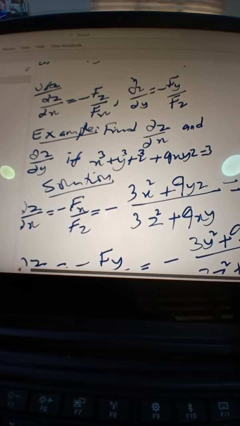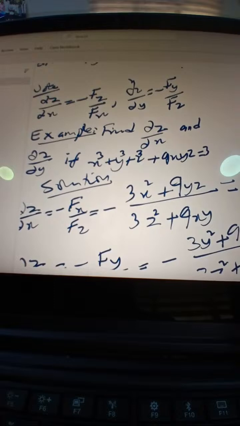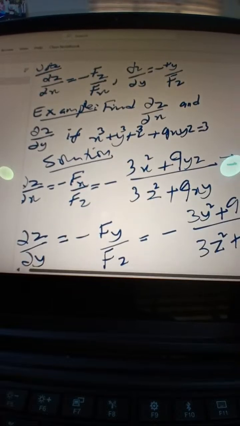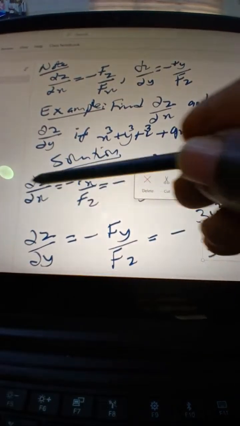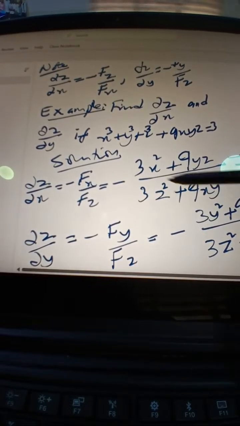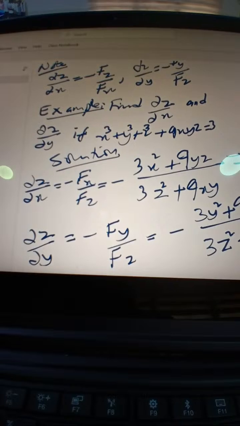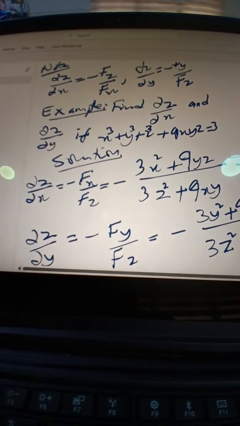Example: find del z del x and del z del y if x cubed plus y cubed plus z cubed plus 9xyz equals 3. We go through the same motions in trying to answer this. Our del z del x gives us this. Then we take our time and do the partial differentiation. For partial differentiation with respect to x, we get 3x squared.